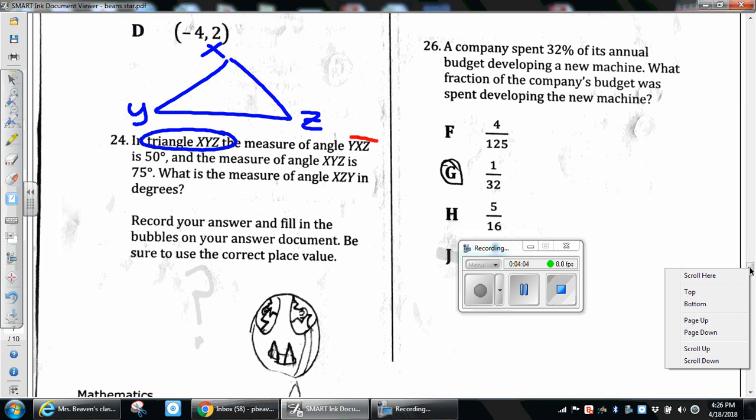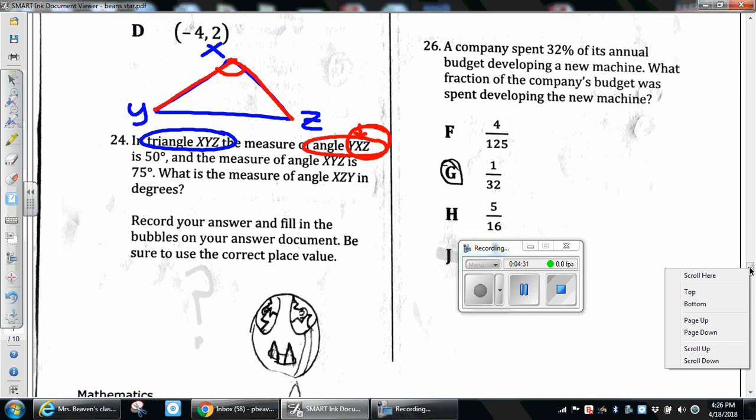It is important how you plot your angle, because the letter that is in the middle is going to be the vertex of that particular angle. So we start with Y, and then we go to X, and then we go to Z, because I'm following the same order of the letters from here. So the one in the middle will be here.